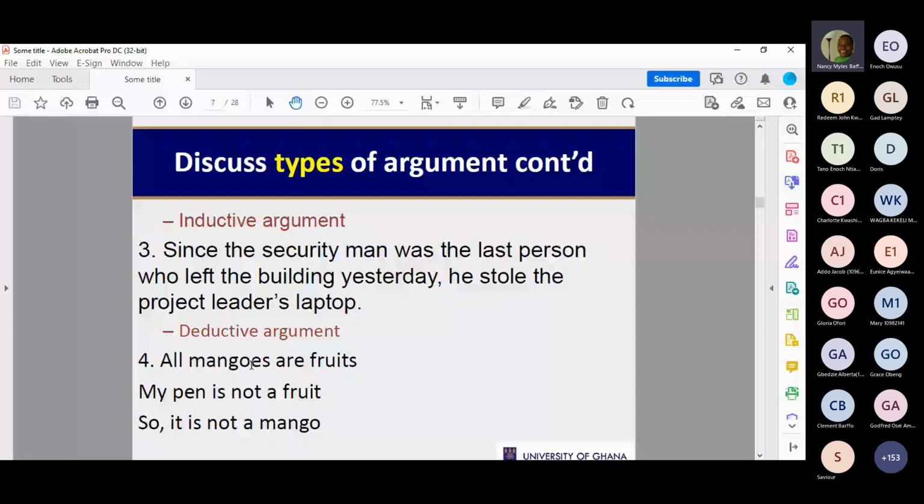If after your universal statement, you negated the consequent, so I have to help you understand antecedent and consequent quickly. All mangoes are fruits. That's another way of saying if X is a mango, then X is a fruit. All women like money. That simply means if X is a woman, then X likes money.